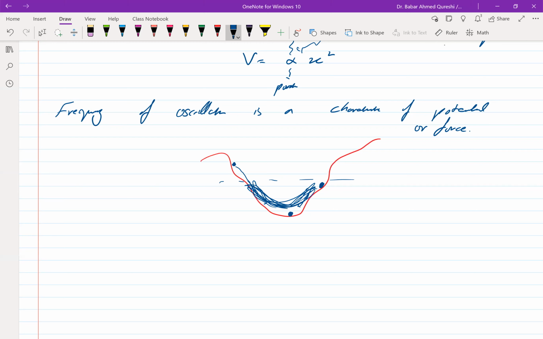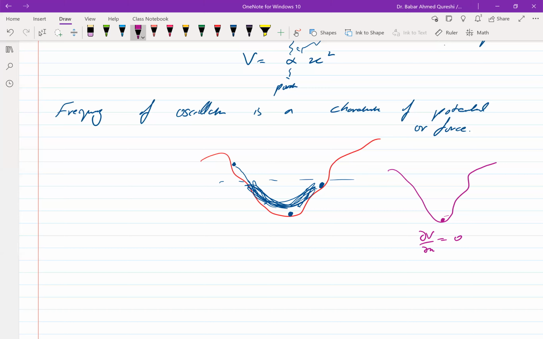So any potential like that, if you look at it near its equilibrium position. So this is the equilibrium position. If you leave the particle here, it is stable. There are no forces over here because dV over dx at this point is 0. So the force is 0. At the valley of the potential, there are no forces, and that's the equilibrium position.